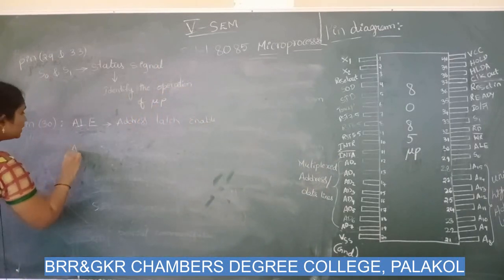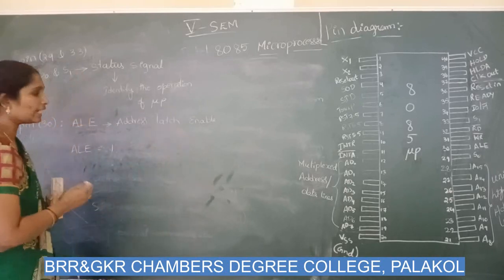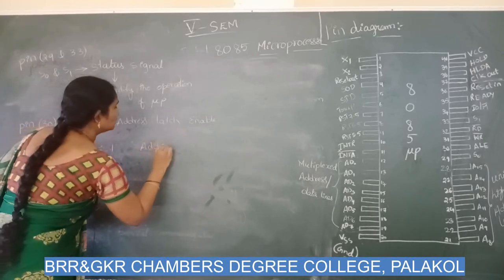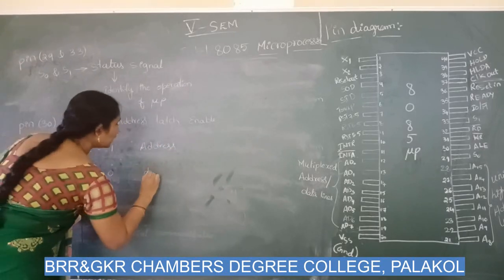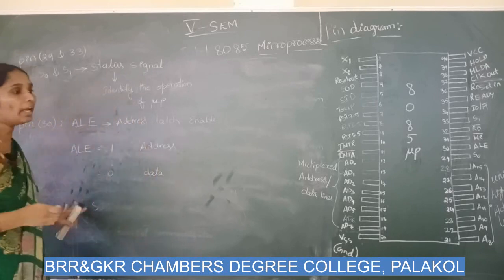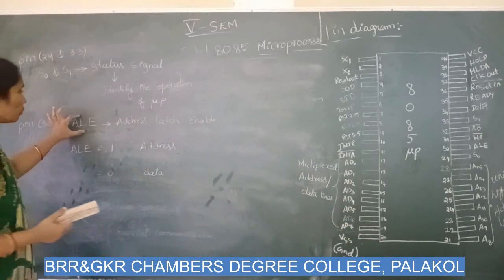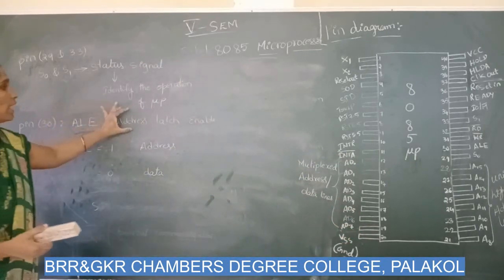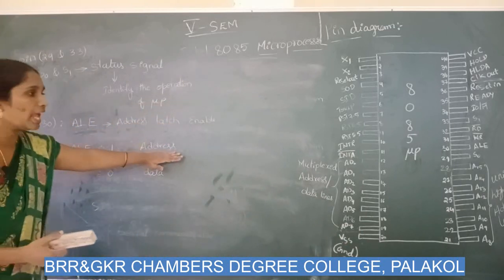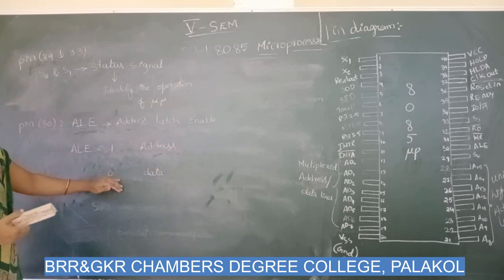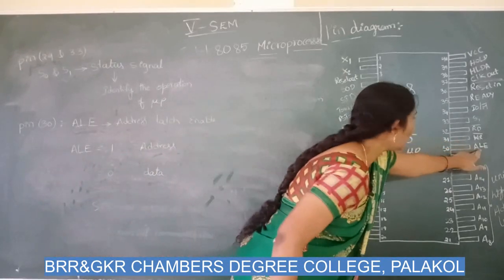If ALE is equal to 1, it acts as an address. If ALE is equal to 0, it acts as data. So for separating these two we use a latch called address latch enable. That is nothing but ALE.